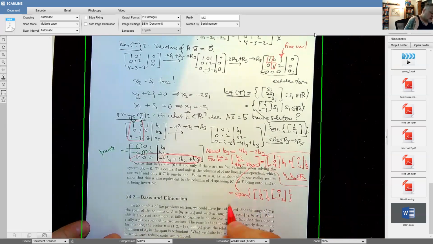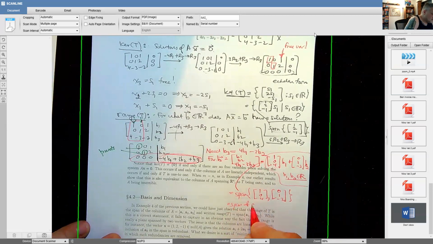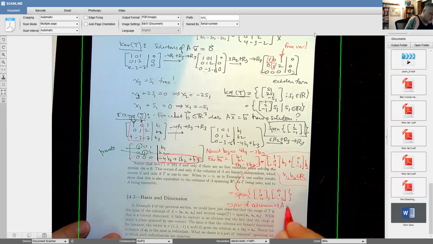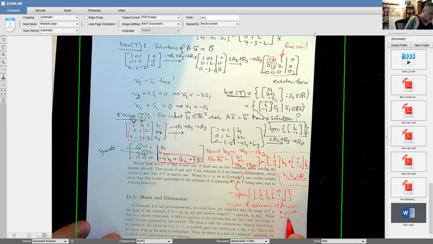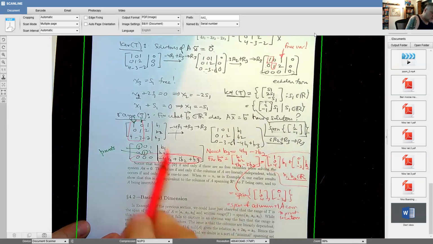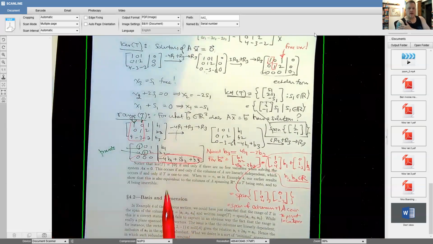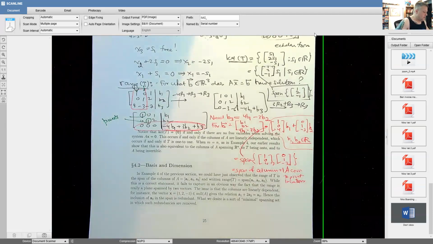Which is the span of the columns of A corresponding to pivot locations. So we didn't have to go through all that nonsense. Once we found what the pivot locations were, we actually have the vectors that we need to generate the span that gives you the range. Okay, so that's where we ended up with that.